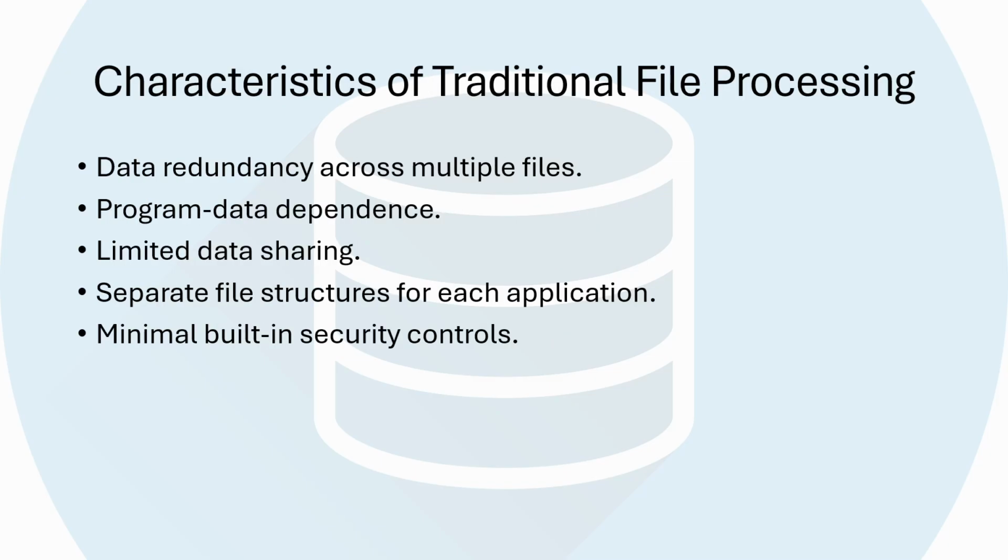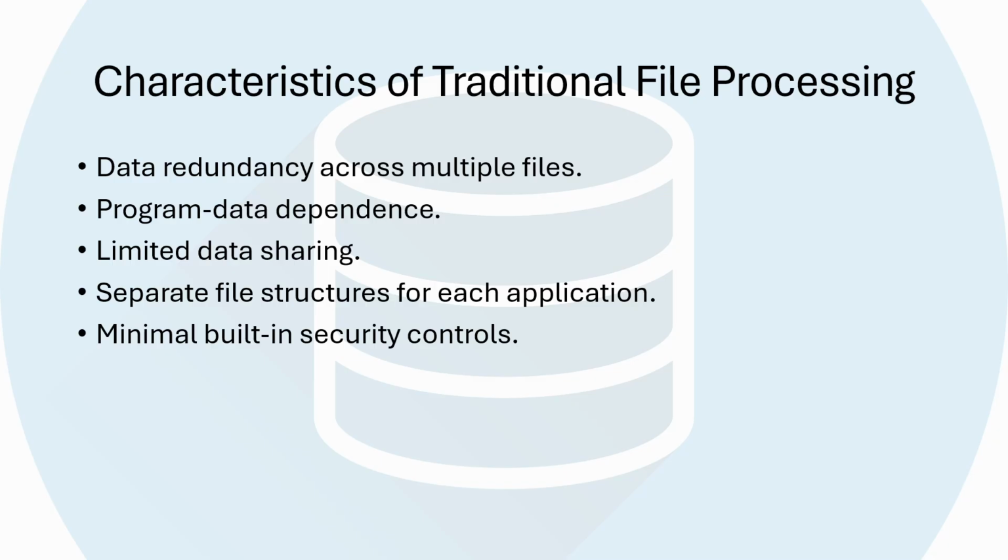Traditional file processing systems have several defining characteristics. First, data redundancy is common, so the same data may be stored in multiple files across different applications, leading to duplication. Second, there is program data dependence. This means that file structures are tightly linked to application programs. If the file format changes, the program must also be modified.